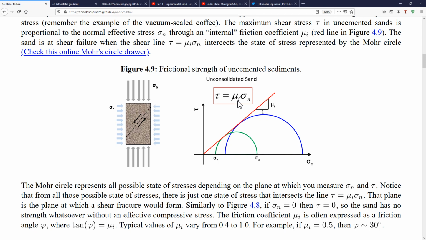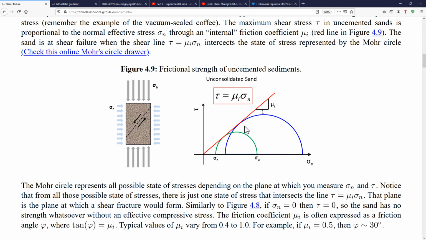Okay, so let's see how this works and how we can relate it to the Mohr circle. The Mohr circle is just a plot of the state of stress in a given material. Let's take this example that we have here on the left. Here we have a sample which is subjected to a radial effective stress sigma r, and an effective stress in the axial direction sigma a.